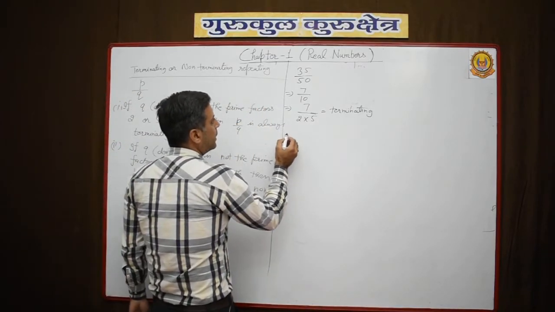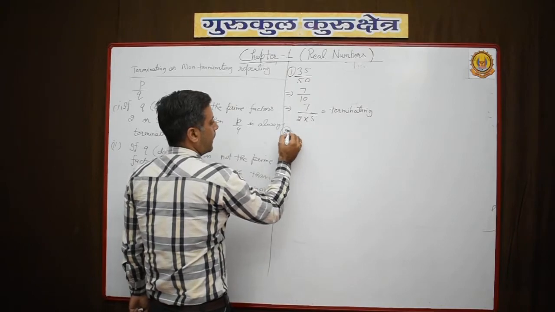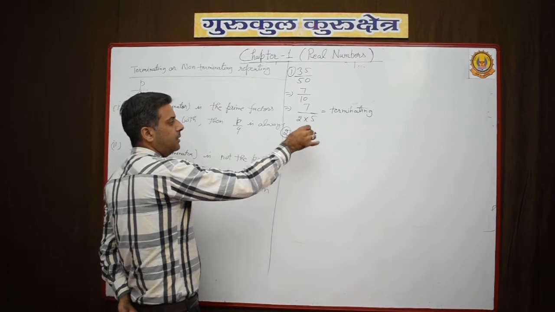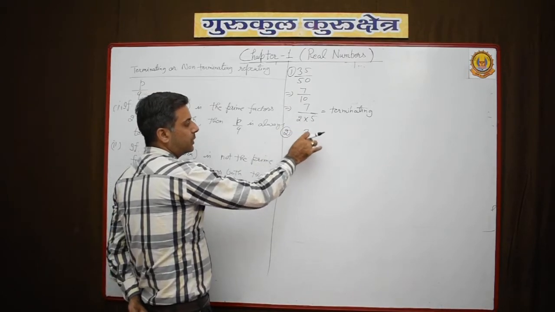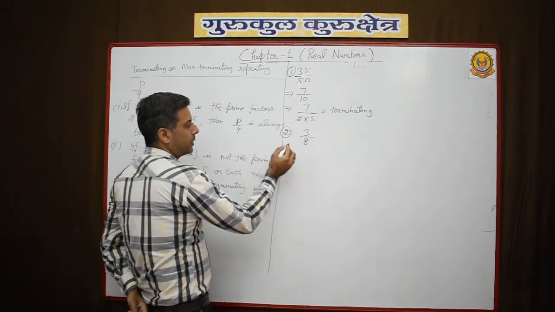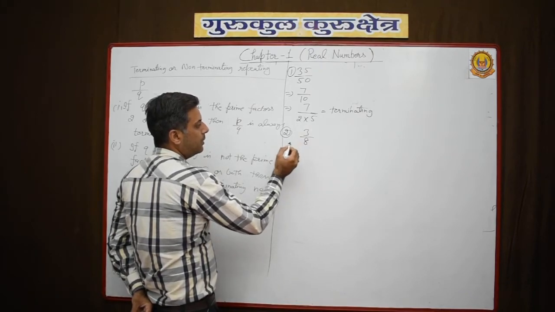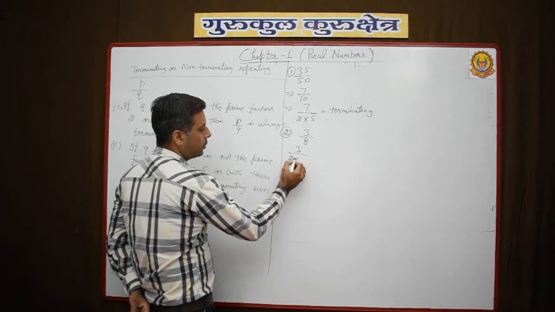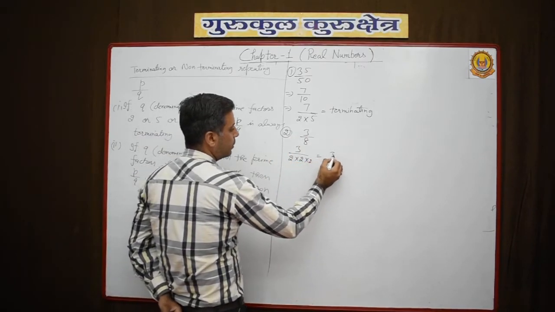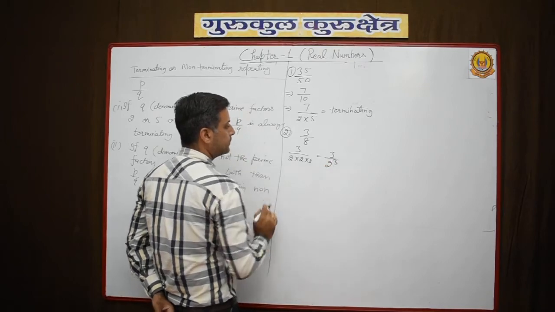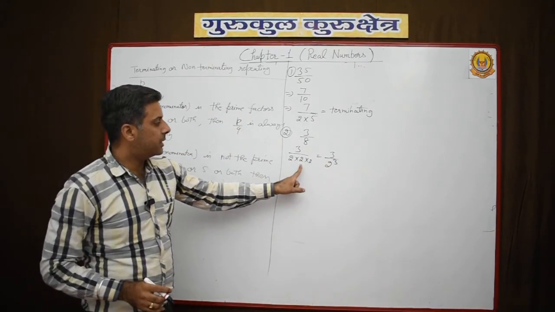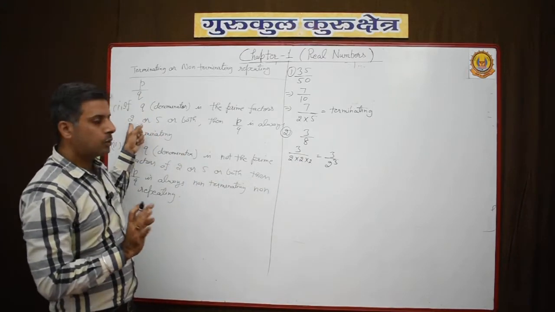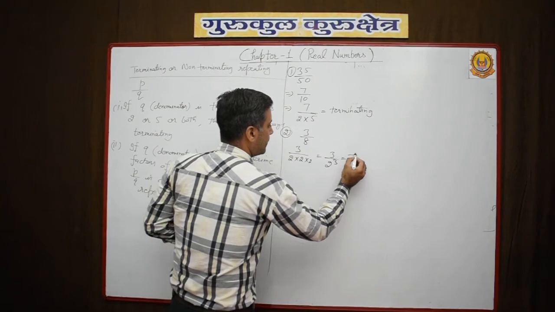Suppose you have a number 3 by 8. Look at the denominator. They do not have any common factor other than 1, so I can check the rule. Make the prime factors of 8, that is 2 into 2 into 2, or you can write 2 raised to the power 3. So here the denominator has the factor 2 only, so this is also terminating.